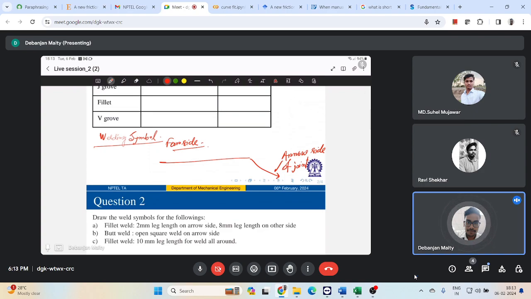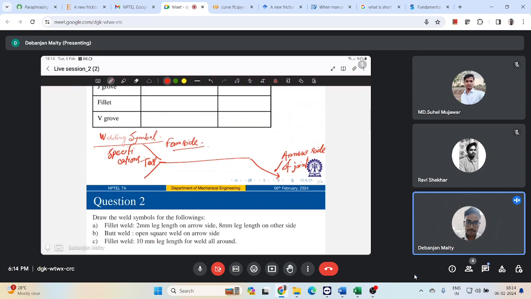If you want to mention any specification for your weld geometry, you have to put a tail, where you will mention the specifications. I'm mentioning the specifications over here, and there are different kinds of process specification, right?